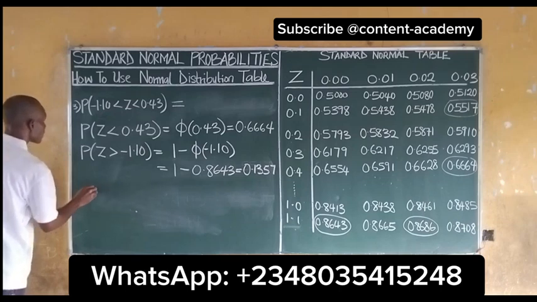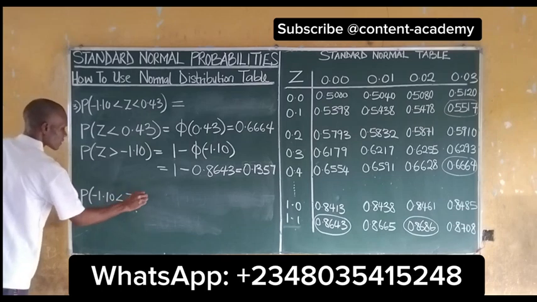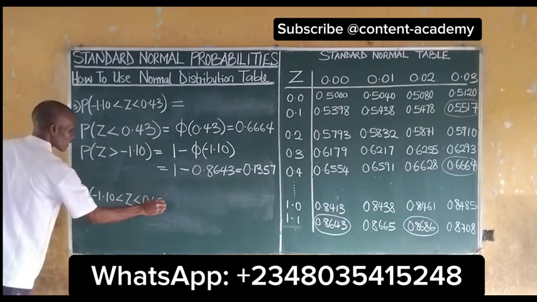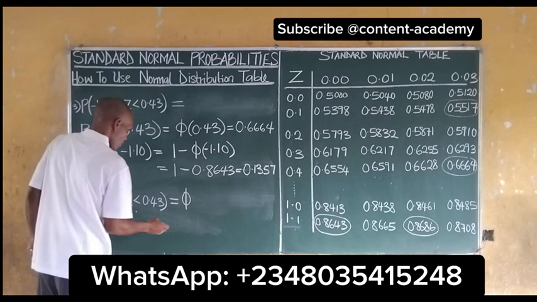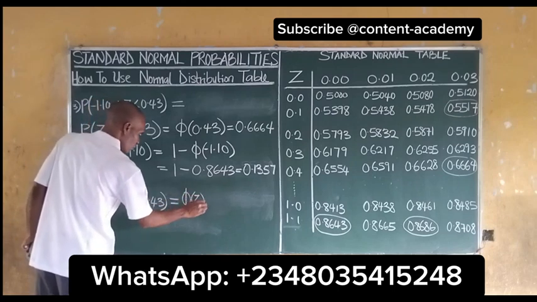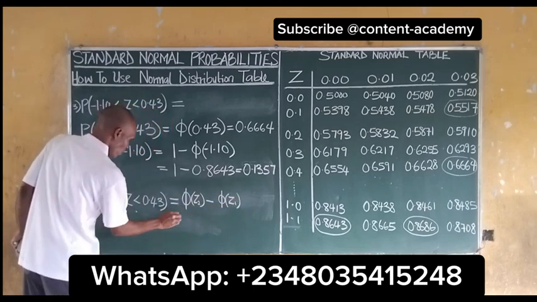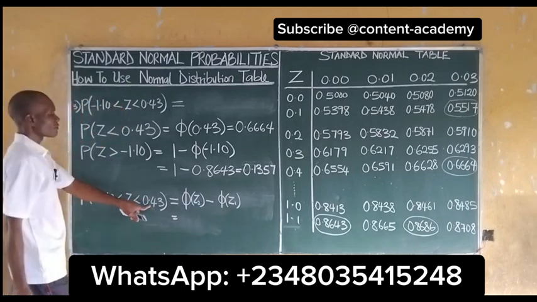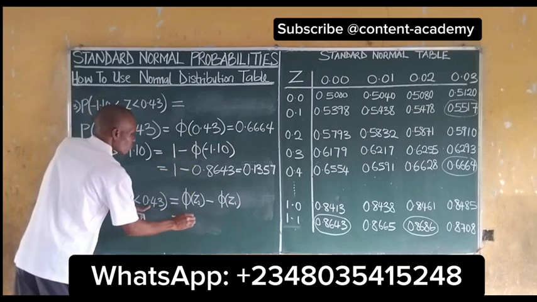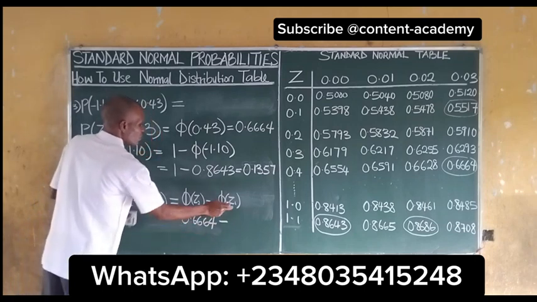Now, we'll have to write our probability very well. We are given the probability of negative 1.10 is less than z is less than 0.43. This thing is equal to our normal curve z2 minus our curve z1. So what is z2 here? Z2 is this value. We got 0.6664 minus what did we get for z1?